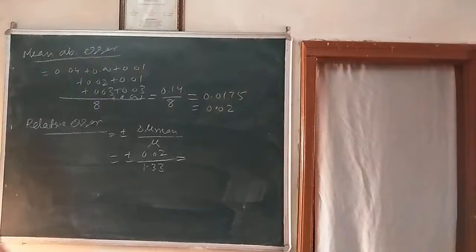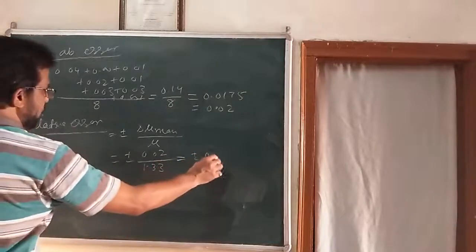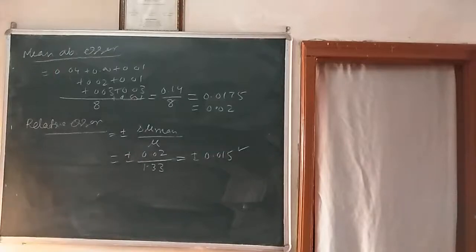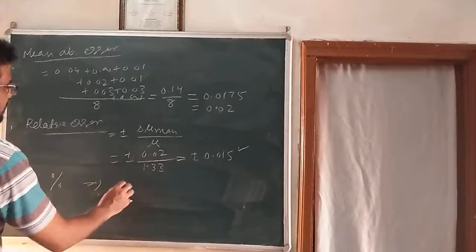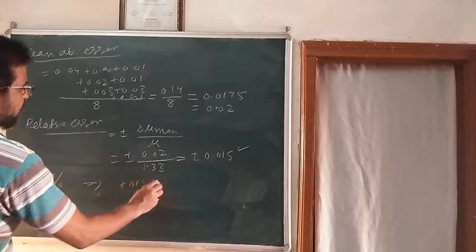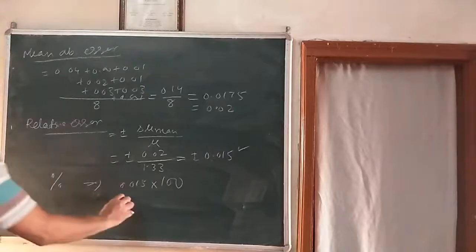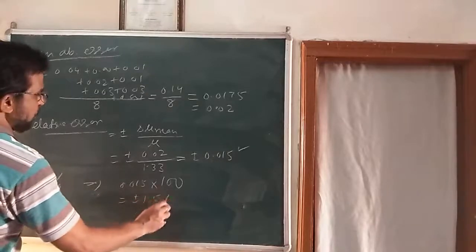You solve it, you will get around plus minus 0.015. This is the relative error. For percentage error, the relative error, that is 0.015 into 100. This is called percentage error, that is around plus minus 1.5%.